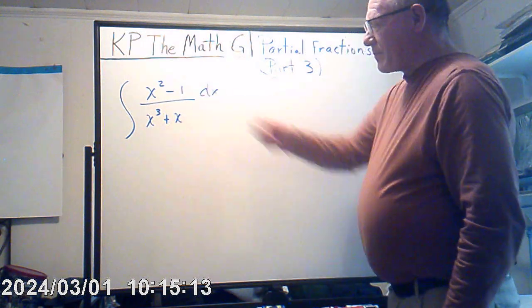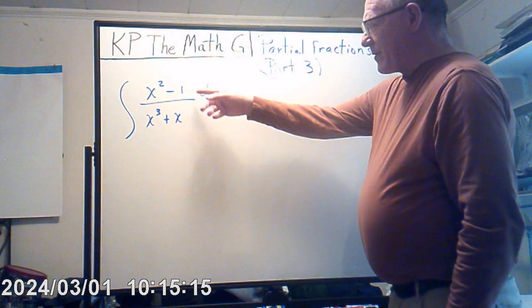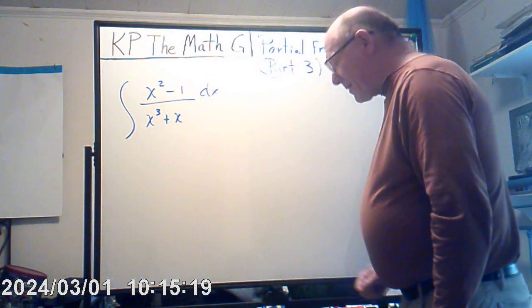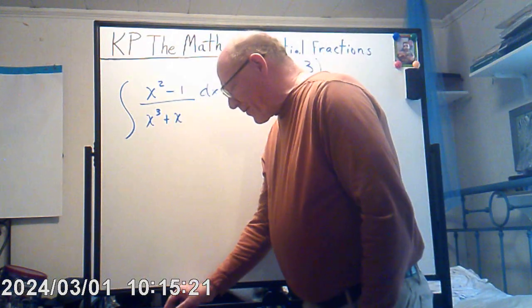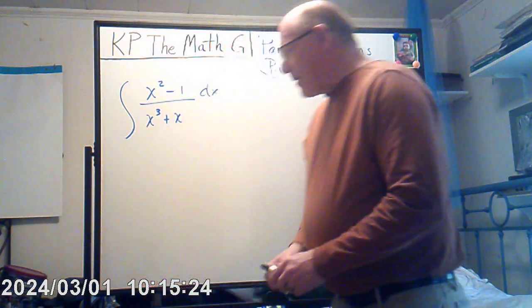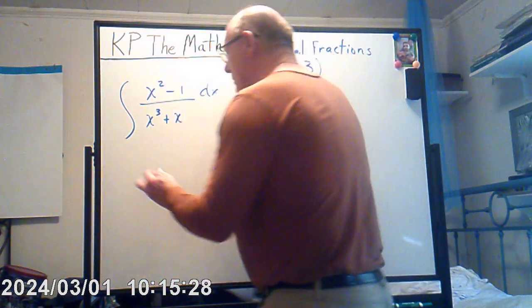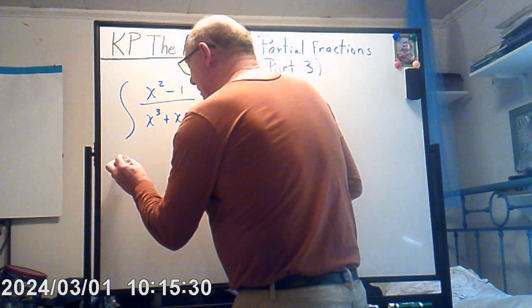Let's start on this problem here, partial fractions. Now look, don't think about factoring this, but we've got to factor this. Remember, the last times we just wrote it without the integrand, so that's what we're going to do. Write it again without that.